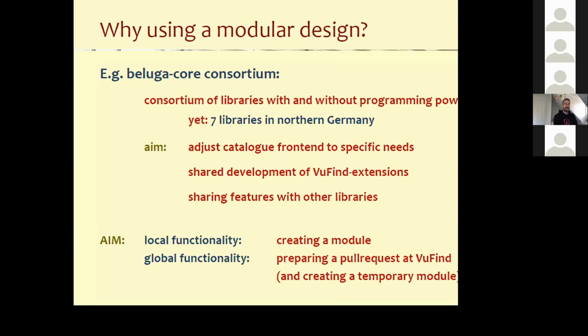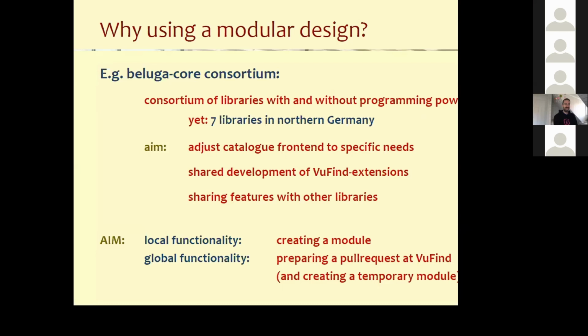All in all, we have, of course, like any library in the world, way too little programming power, so we have to choose a way how we can do this kind of consortial development of VuFind extensions.